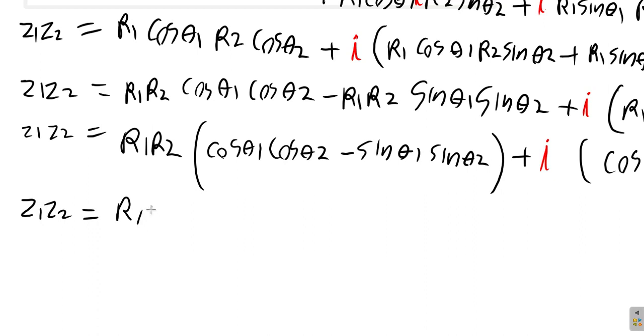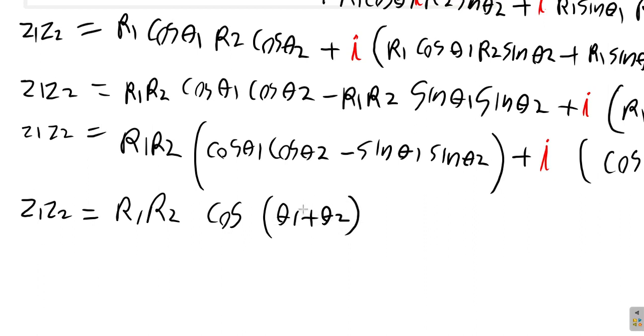What you would have is R1 R2, and it will show that cos cos minus sine sine is going to be cos of both angles added, the sum of both angles, theta 1 plus theta 2.